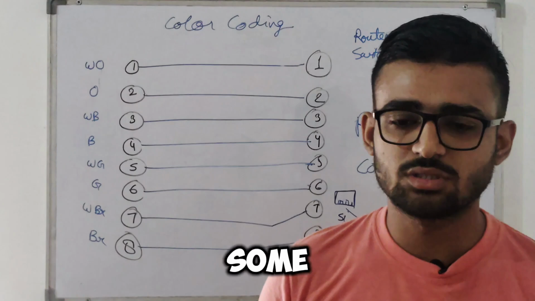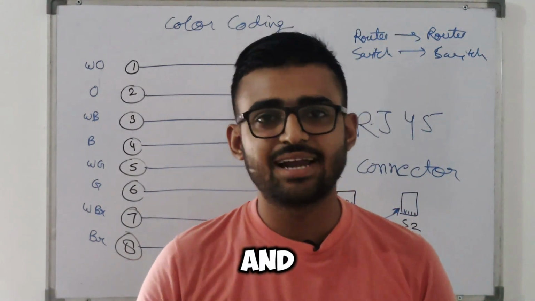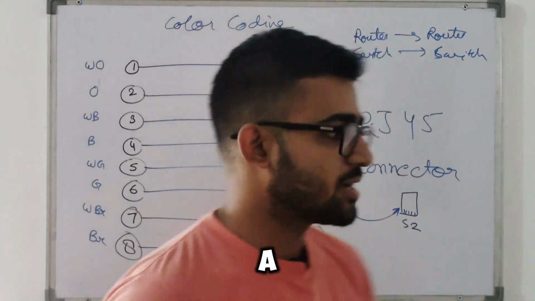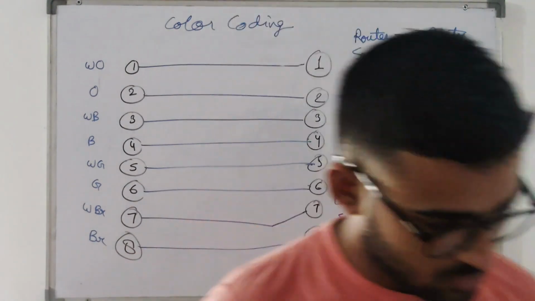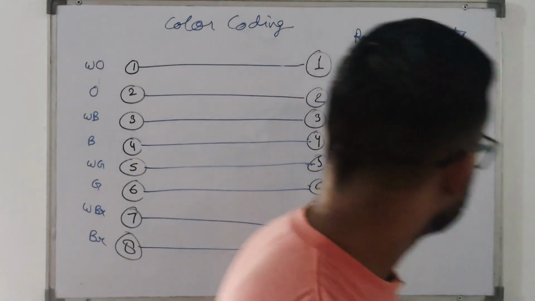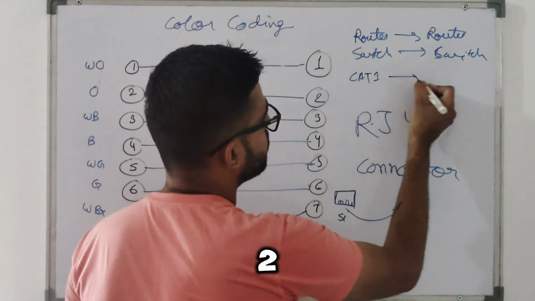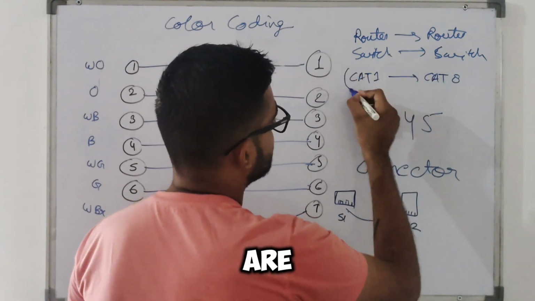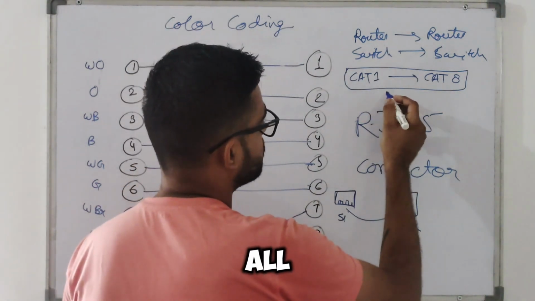Some people also use cables like CAT5e and CAT5. Depending on the category, there are total CAT 1 to CAT 8, so there are 8 types of cabling used.